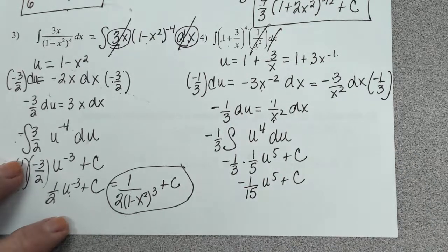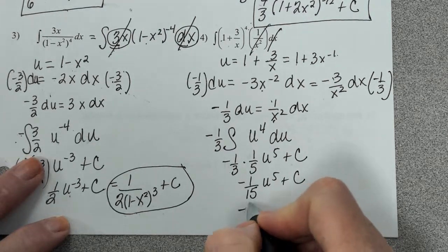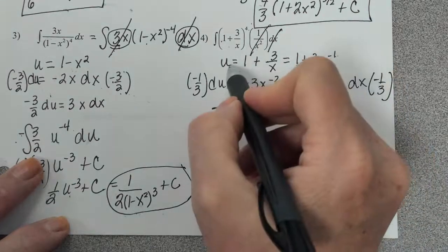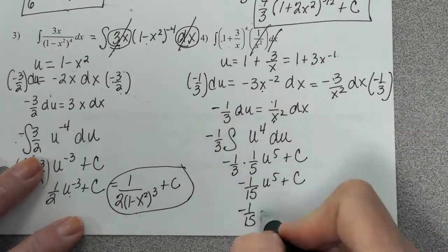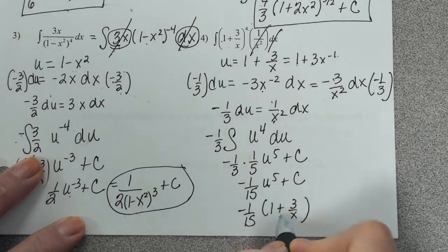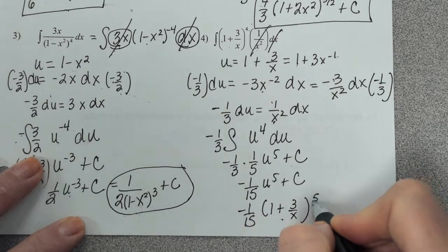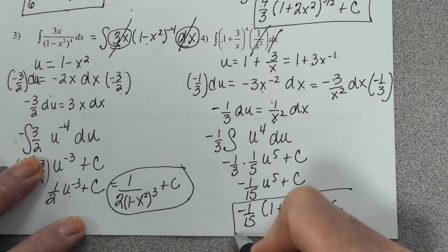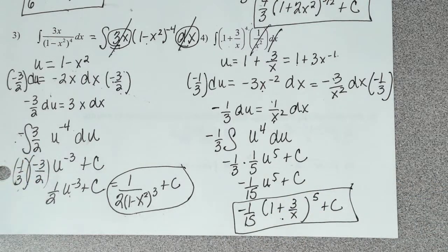And then what do we have to do just to be completely finished? Plug in u, right. So negative 1/15, find the u. It's back up here. Replacing our u with this, to the 5th plus c.